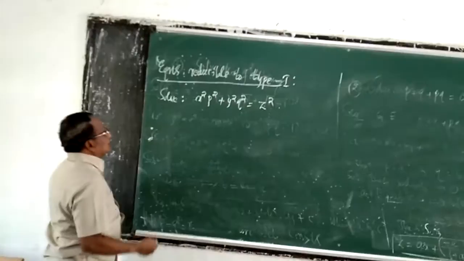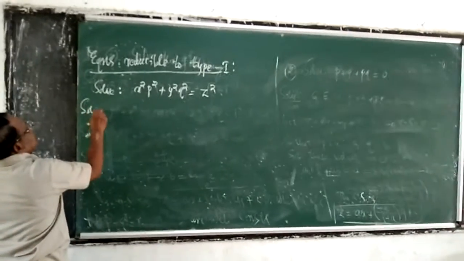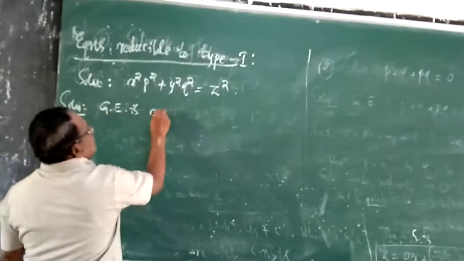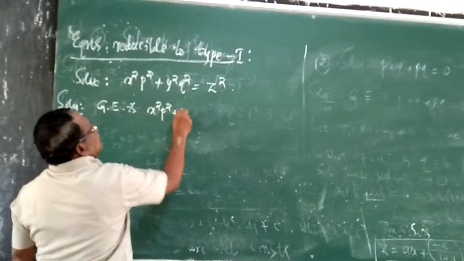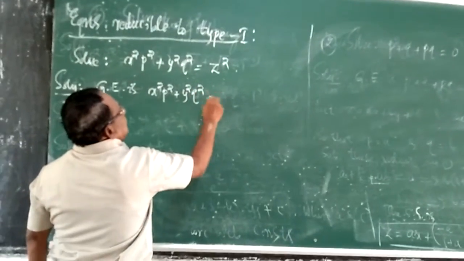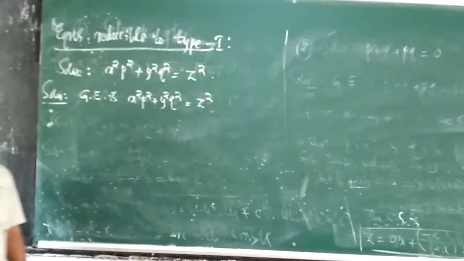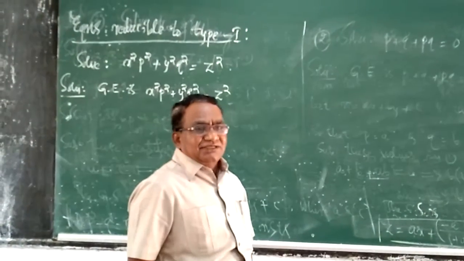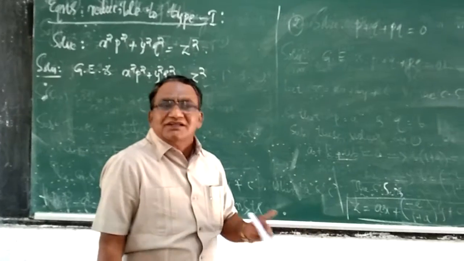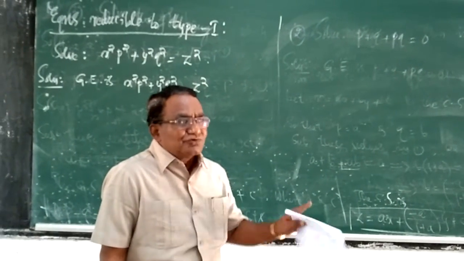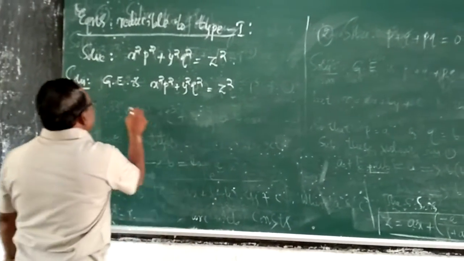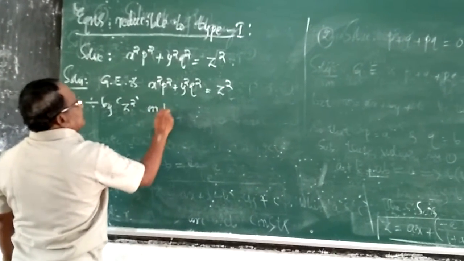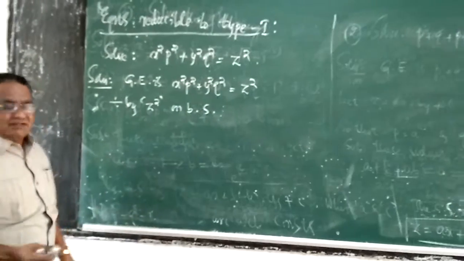Yes, first you write down the given equation here. Given equation is x squared p squared plus y squared q squared is equal to z squared. And first point is it should not contain x, y, z. So first let us remove z here. For that, divide by z squared on both the sides. What happens?